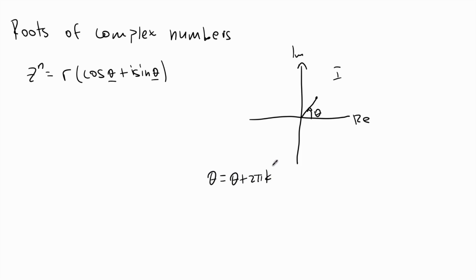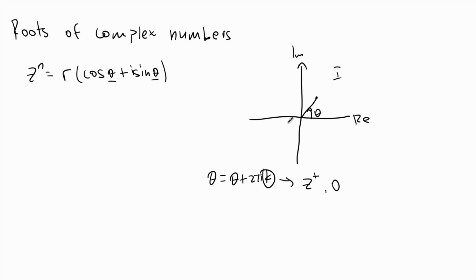The reason for this is, if we add 2 pi k right over here, where k is any integer, it can start from 0, but it is generally positive integers, and it is 0 as well.